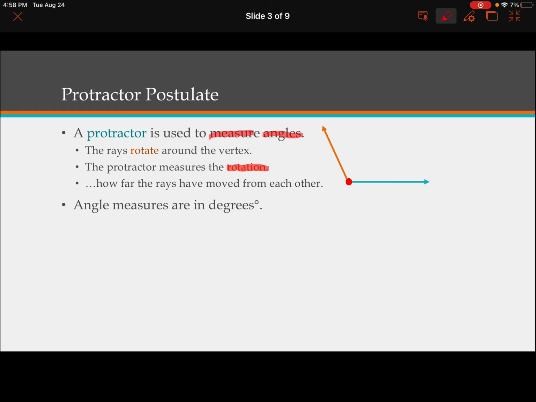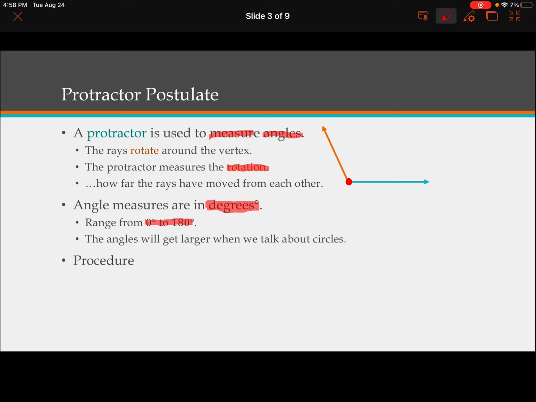The unit that angles are measured in is degrees, and it ranges from 0 to 180. There is a time in the future when we'll talk about larger than 180, but today is not that day. We're not worried about that right now.